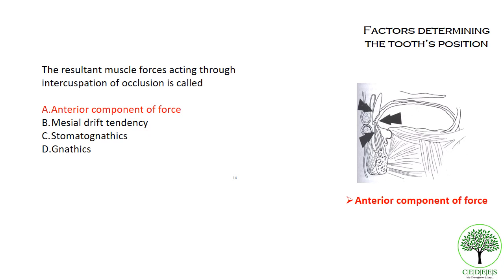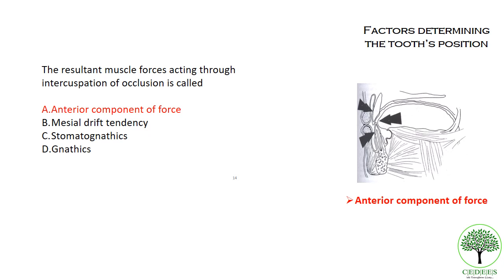So the anterior component of occlusal force is believed to arise as a result of the mesial axial inclination of the permanent teeth. Because there is a mesial axial inclination tendency, the forces of occlusion are dissipated axially and through the front of the mouth through the proximal tooth contact points, and also with the help of resultant muzzle forces.